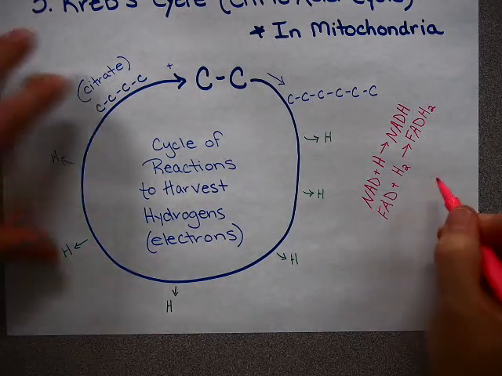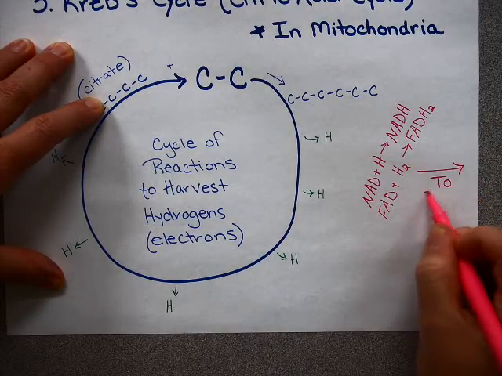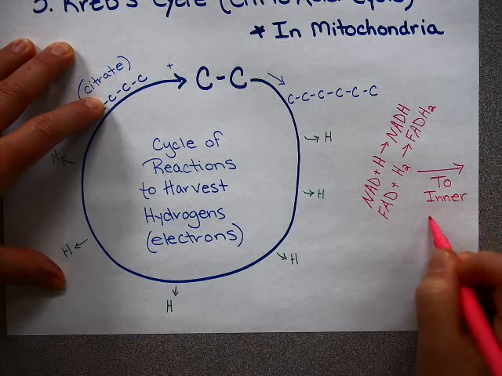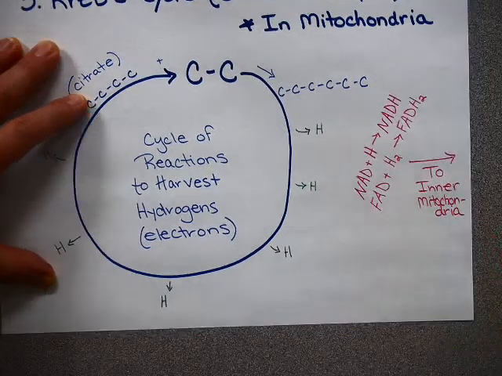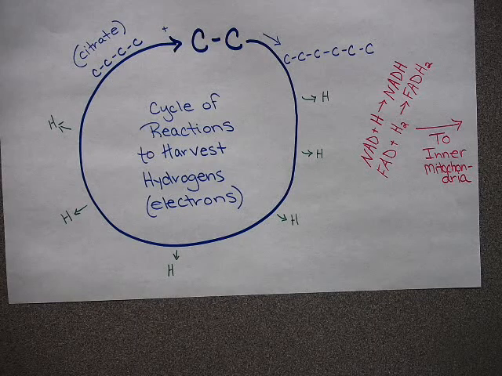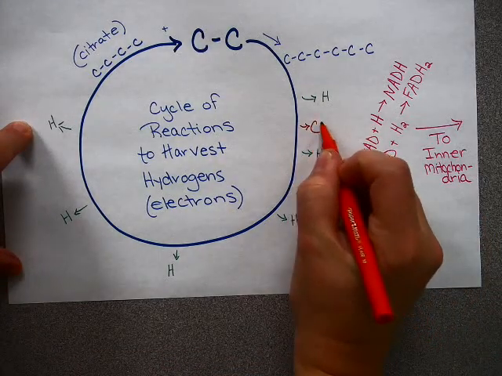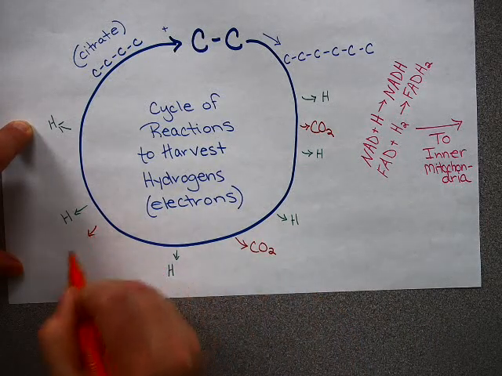So these guys will shuttle these electrons to the inner part of the mitochondria. Oh, there's that word again, mitochondria. Can't fit it all on one line. So there's our shuttles. Lots of reactions, get our H's. And this is also a place where we will make some CO2 as well. So put some CO2s coming off of here.